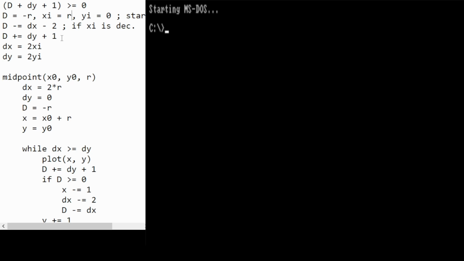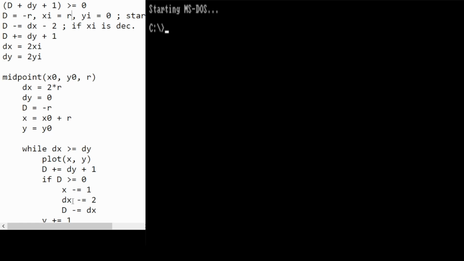Now if the condition does hold, then obviously x is going to be decremented, and then what we need to do in that case, this is it here, we need to decrease d by dx minus 2. So the way we can do that is, first of all, subtract the 2 from dx, and then subtract the result from d. So that's these two lines here.